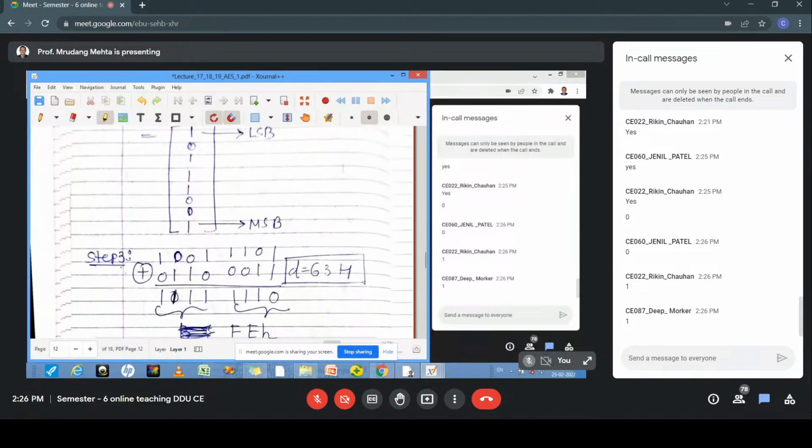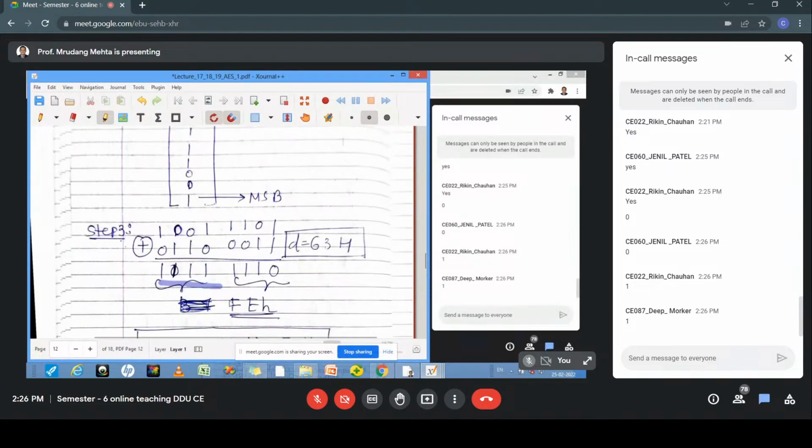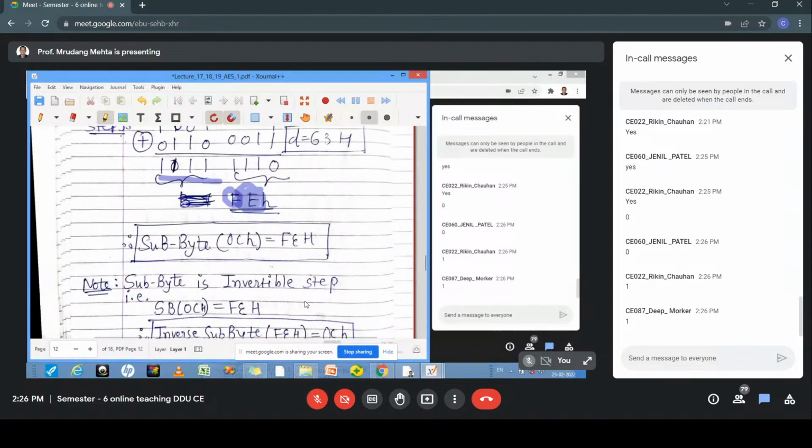That is 1, right? So what we get is 1 1 1 1 1 1 1 0. So this is our F, and this binary is equivalent to hex F, all ones F, and 1 1 1 0, that is E. So this is our sub-byte calculation, right?